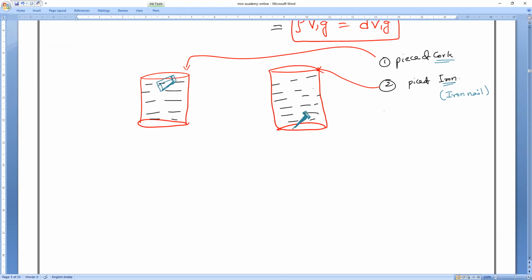Okay. So now you can see, but the same thing, if I take a ship or boat, a huge amount of iron is used, a huge amount of metal is used. But if the ship is entering the water, will the ship sink or float? Everybody? Float, sir.